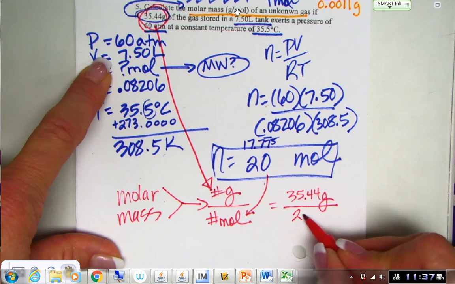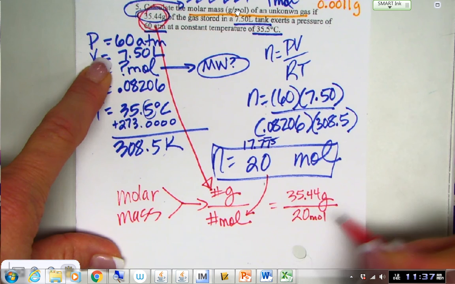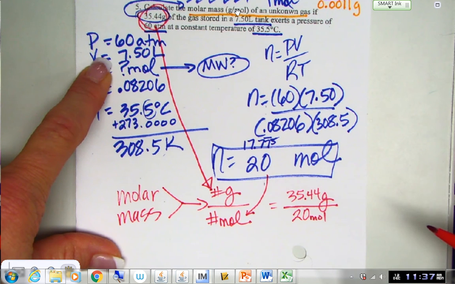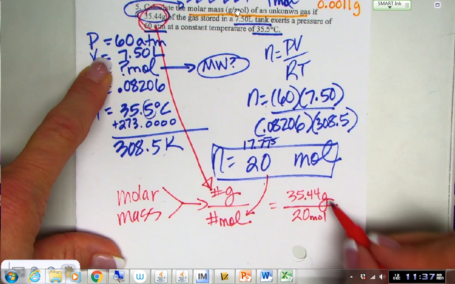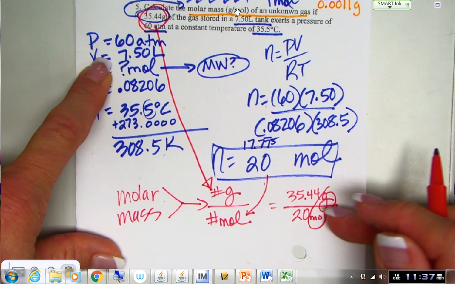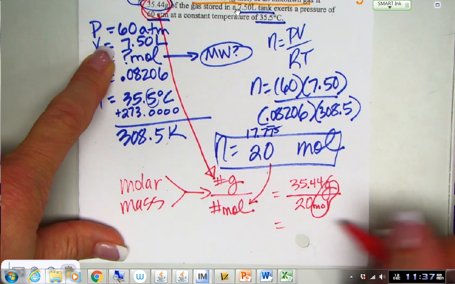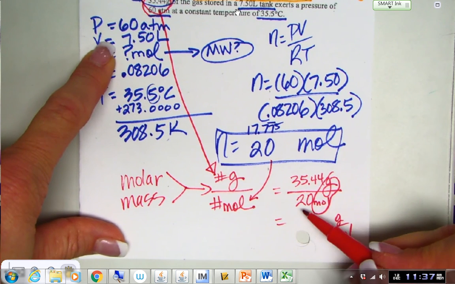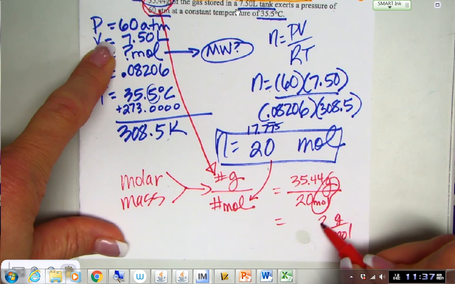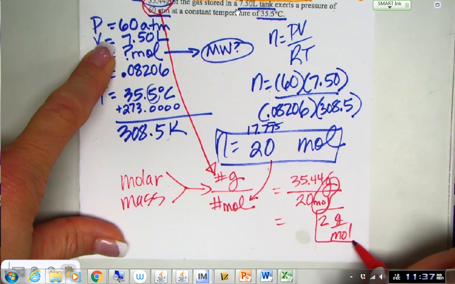But on my paper, I'm going to write 20 moles because that's what we rounded it to for moles. You need one sig fig in your answer. Notice nothing divides out, so your units carry down, grams per mole, and we're going to round this molar mass to only one sig fig. So that's going to give you a final molar mass of 2 grams per mole.